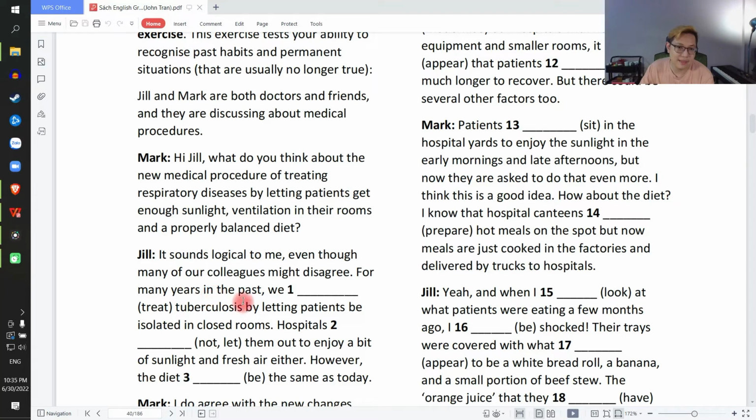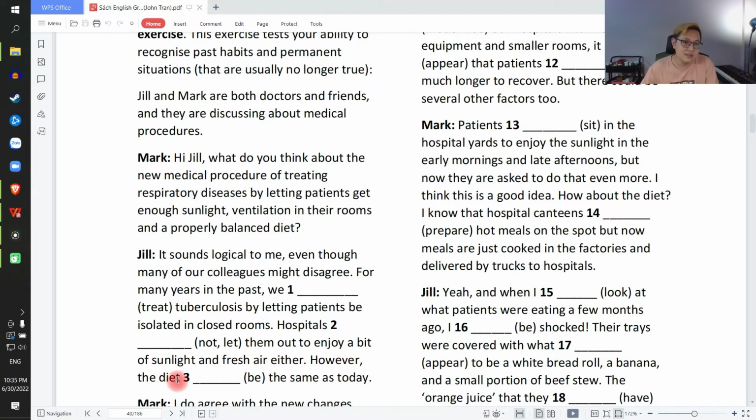For many years in the past, we used to treat tuberculosis by letting patients be isolated in closed rooms. Hospitals didn't use to let them out to enjoy a bit of sunlight and fresh air either.